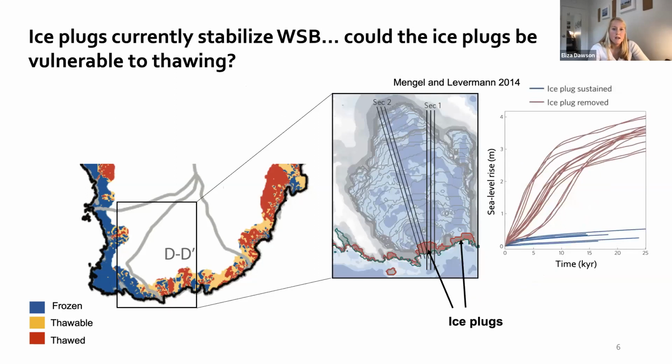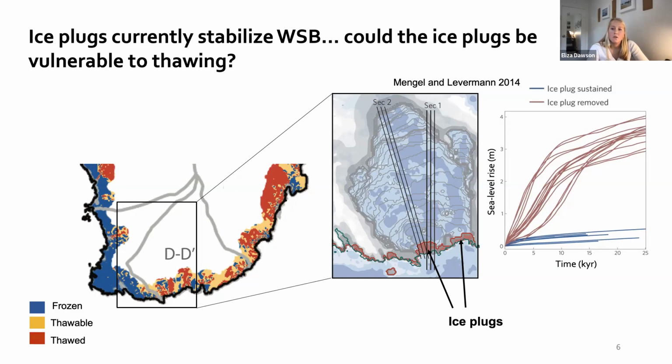And also, if we take a step back and look through some of the previous literature on this area, this one paper identified these critical ice plugs that are patches of ice along the coast. You can see outlined in red here in the middle figure. And in that paper, they show that these ice plugs are sustaining the current configuration of the region.